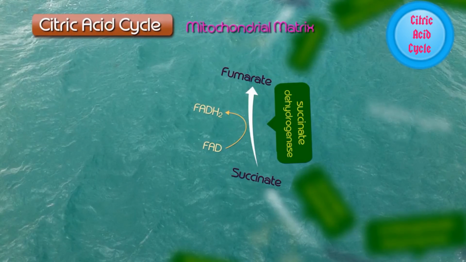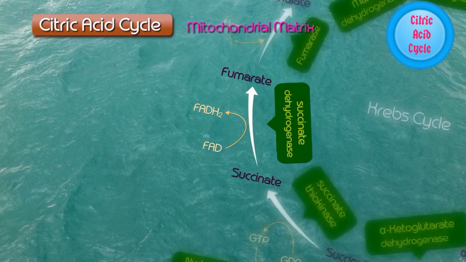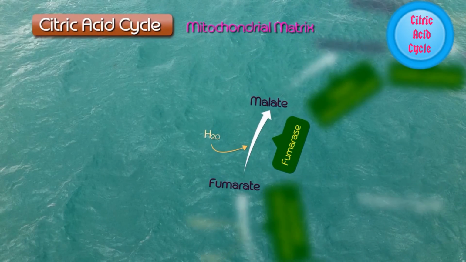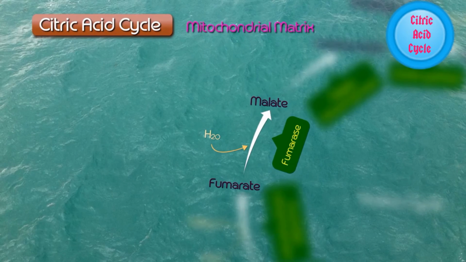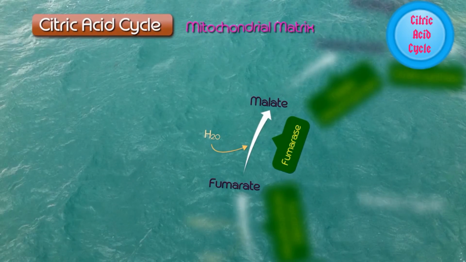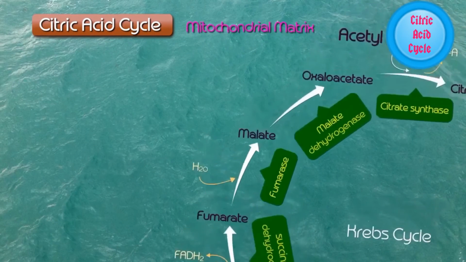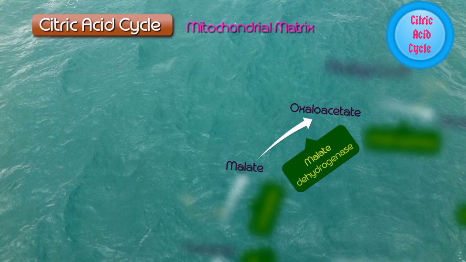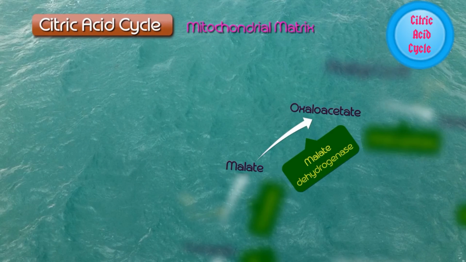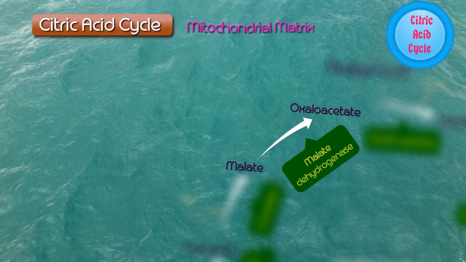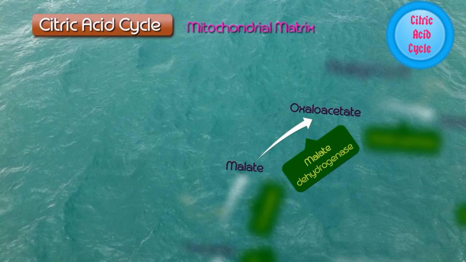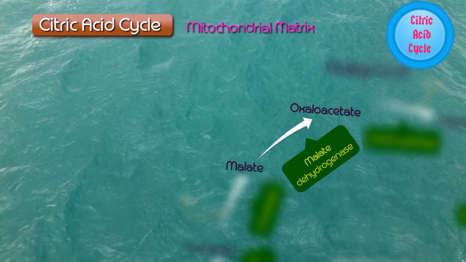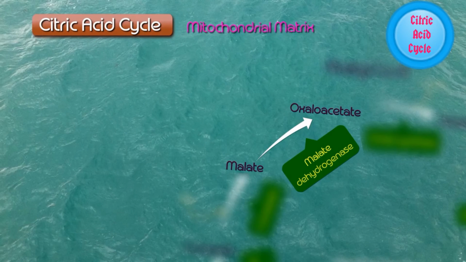FAD is converted into FADH2, and the mitochondrial fumarase converts fumarate to malate, and at last the enzyme called malate dehydrogenase oxidizes malate to oxaloacetate, and the cycle can begin anew.